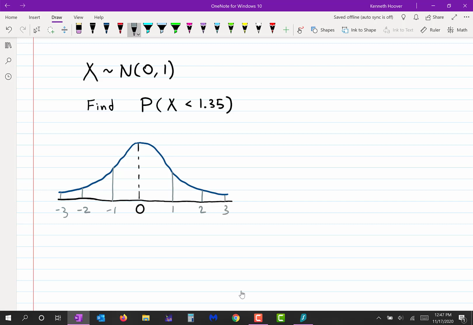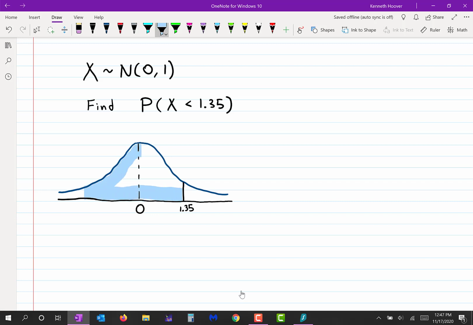But this question is asking us, what's the probability that x is less than 1.35? Okay, so where would 1.35 be? Right about here, right? So let's erase that other stuff then. What we want to do is find this area right here.